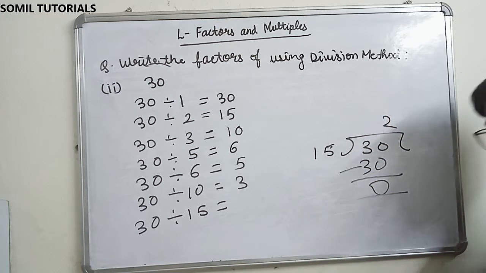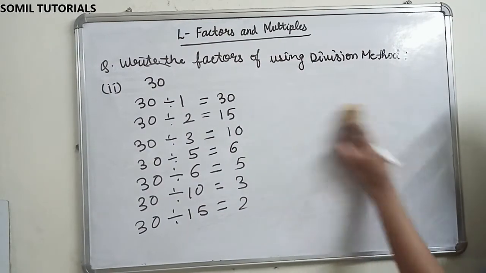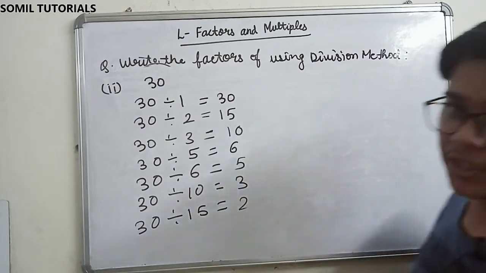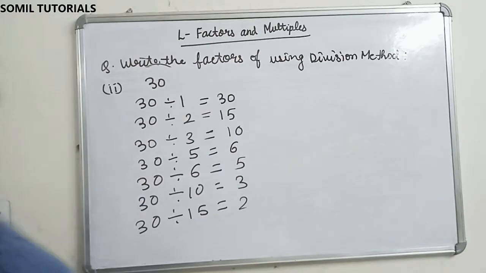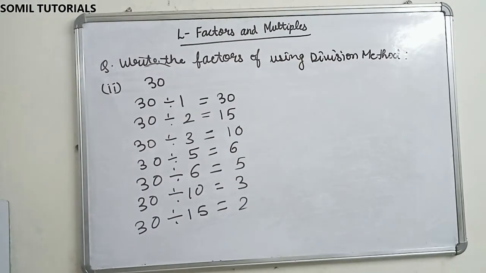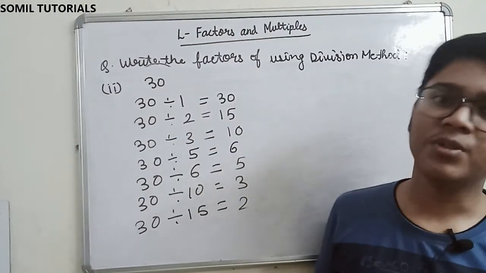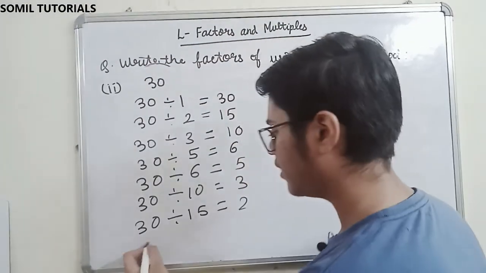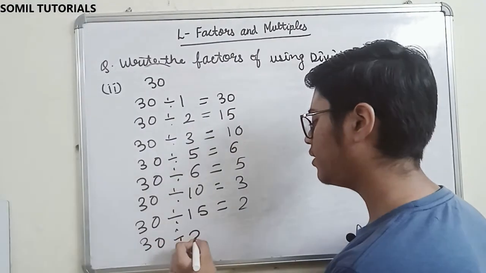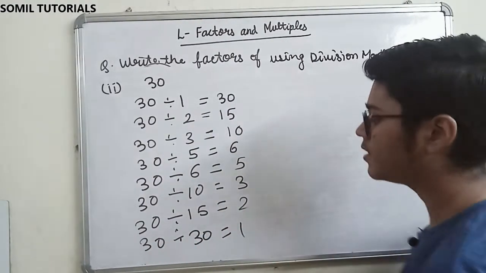Remainder 0. Simple. Okay, 16, 17, 18, 19, 20 never comes in the 30 table. 21 also never comes. 22, 23, 24, 25 also no. 26, 27 also no. 28, 29. Last we are coming to 30 only. 30 divided by 30, quotient 1, remainder 0.